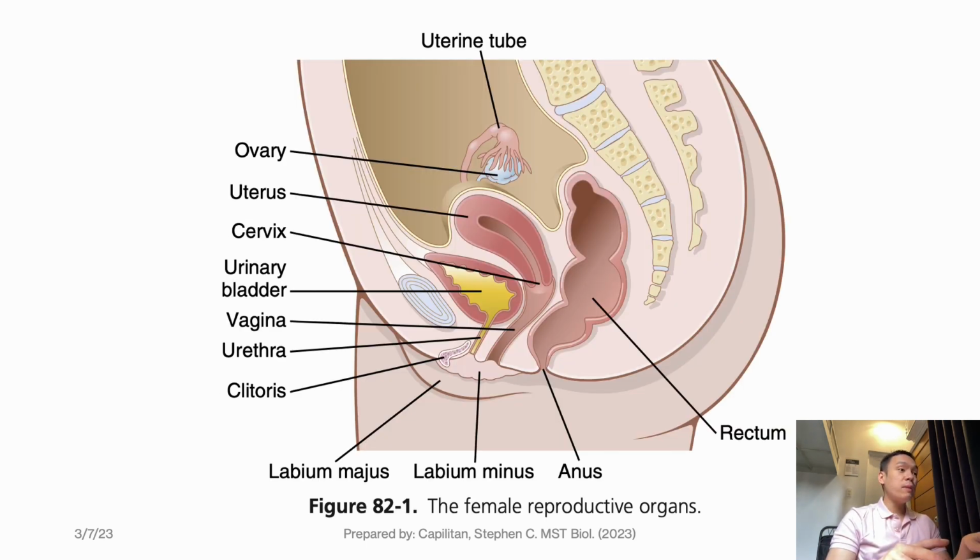Look at this, the female reproductive organs. You have the uterine tube, the ovary, the uterus, the cervix, the urinary bladder, which is not a part of the reproductive organs but is included here, the vagina, urethra, the clitoris, labia majora, labia minora, and your anus.